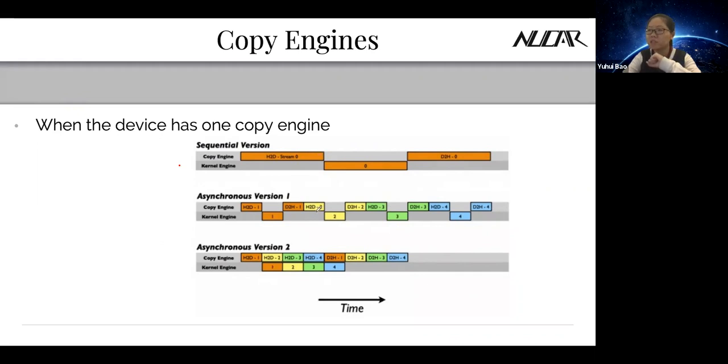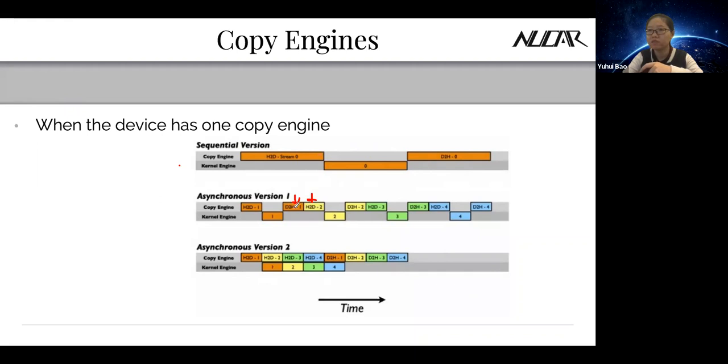The reason is here. The host to device memcpy in stream 2 couldn't happen until this one finished. They are in different streams, but there's one restriction: there's only one copy engine.